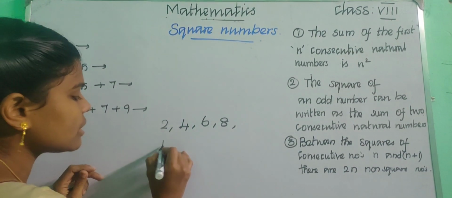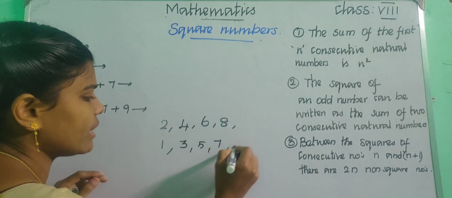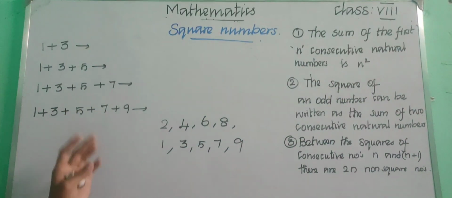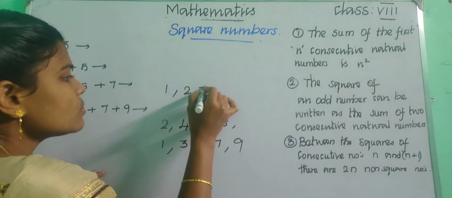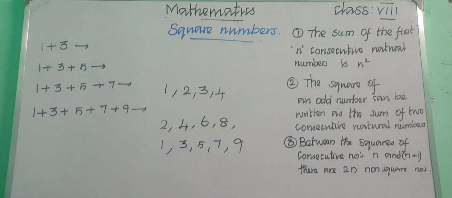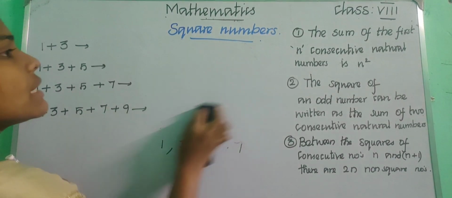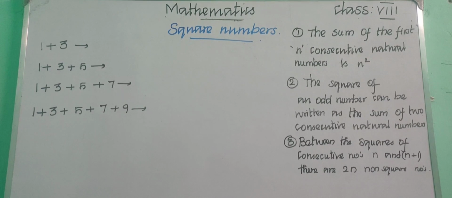If I am writing the consecutive odd numbers: 1, 3, 5, 7, 9. If I am listing the consecutive natural numbers: 1, 2, 3, 4. So simply, if you have written anything in an order, we can call it consecutive numbers. So the sum of the first n consecutive natural numbers is n squared.